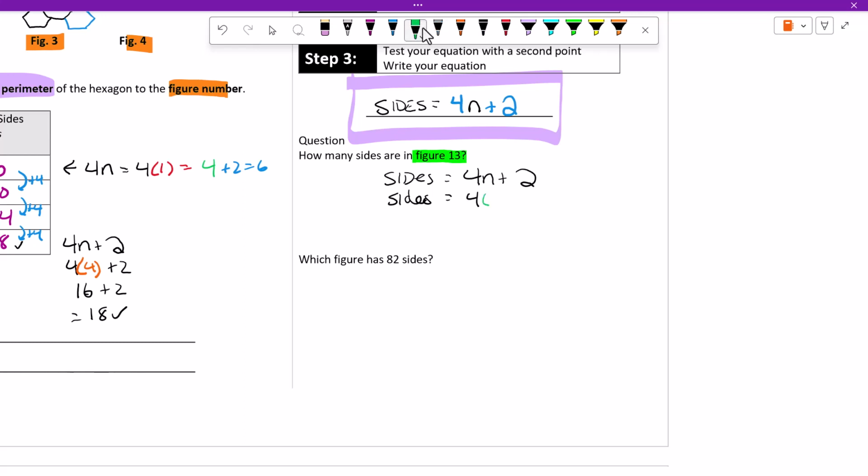So 4 times 13 plus 2. So 4 times 13 is 52, plus 2, so it's 54, right? So we can say the 13th figure has 54 sides.